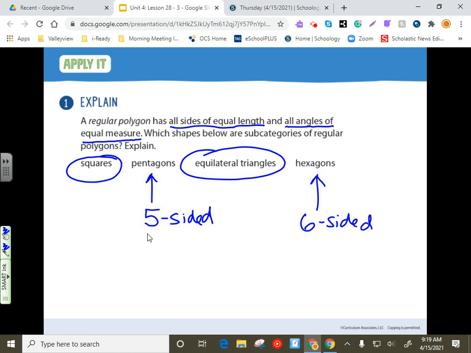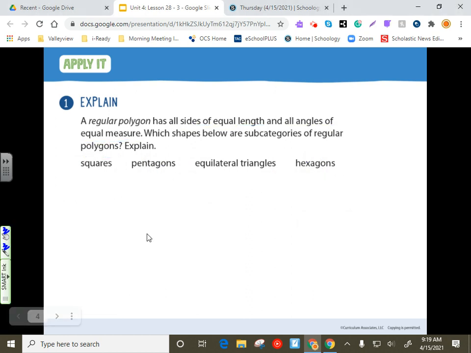But it can also be a hexagon or pentagon without having equal sides. Squares and equilateral triangles, by definition, have to have that. So they're considered regular polygons, and then pentagons and hexagons are not. But you will see pentagons and hexagons that fit this description, with equal sides and equal angles.